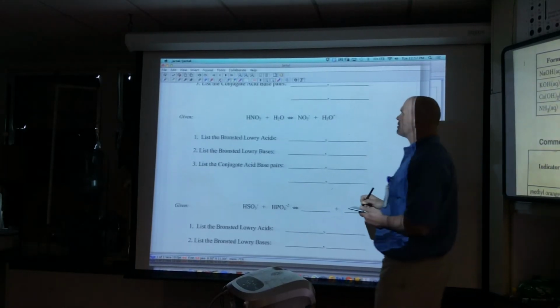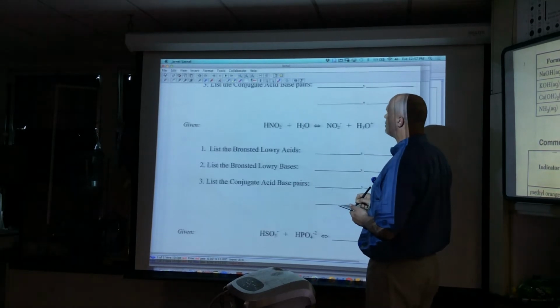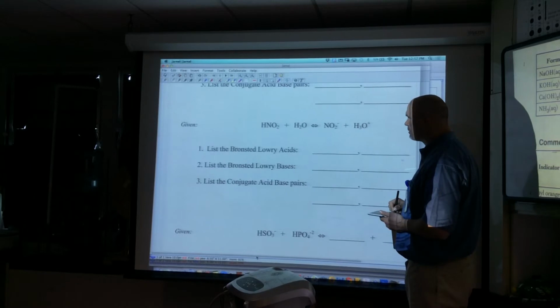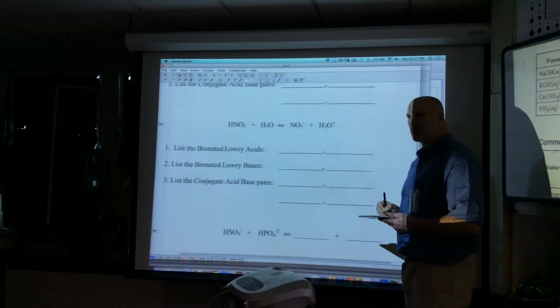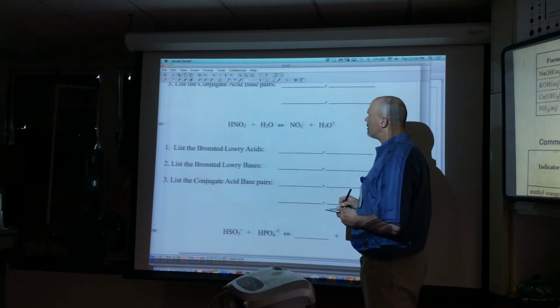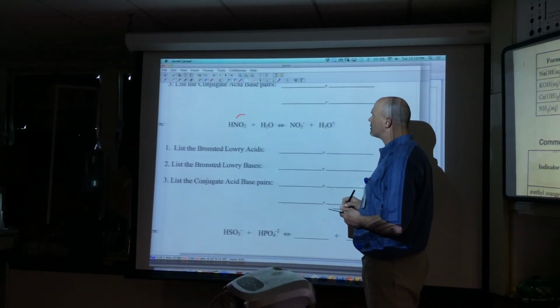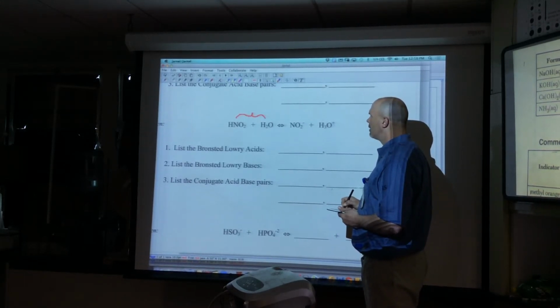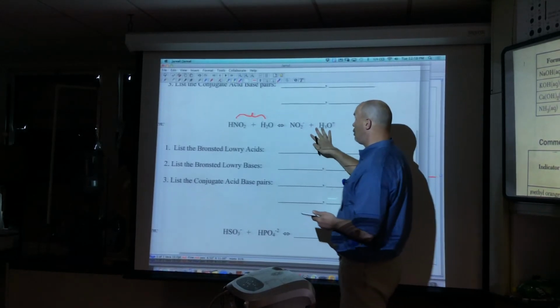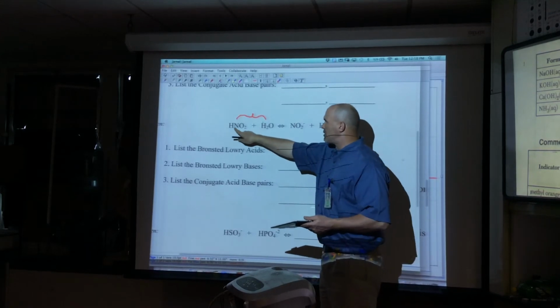Look at this reaction. Let's make it bigger. It's the last thing we're going to do before lab. We're going to use the current Bronsted-Lowry method, donating and accepting. As I go forward, this is the current state, and this is the future. In the future, what happens to HNO2?